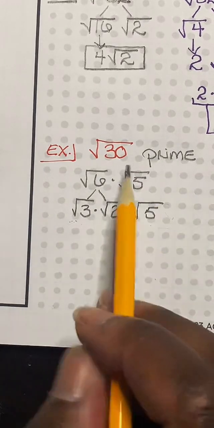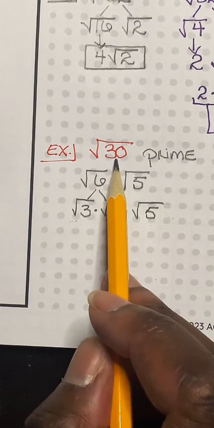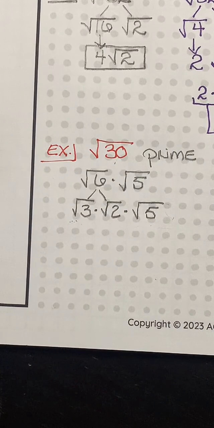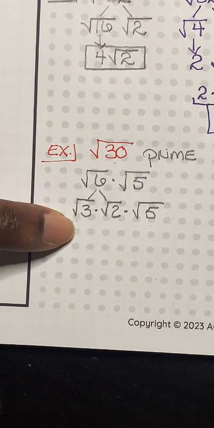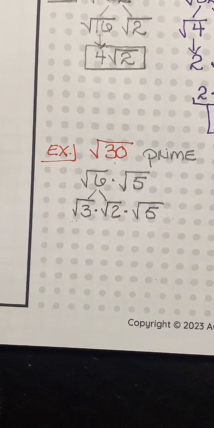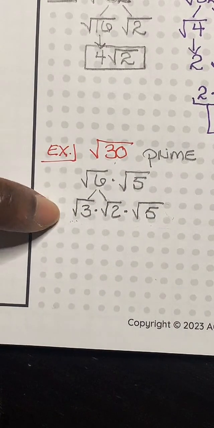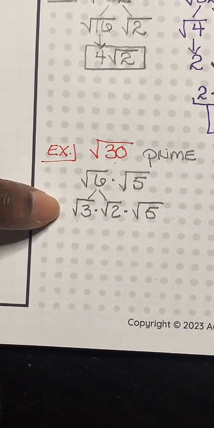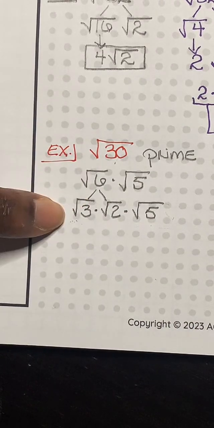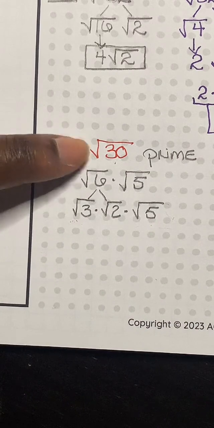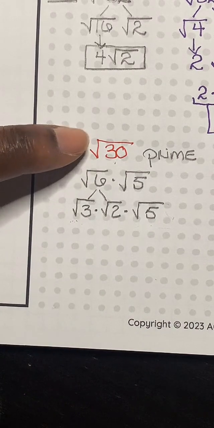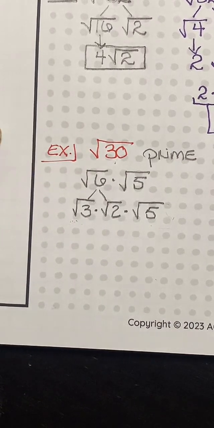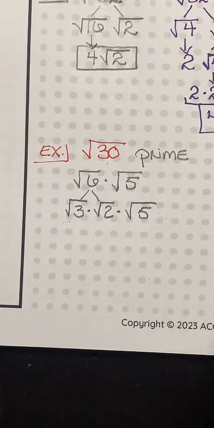Okay. Square root of 30 is one of those special square roots that we can actually break some things down. But we don't get a perfect square root out of it. So since we don't get anything out of it, it's going to be one of those special prime square roots. Now, what I mean by that is, well, I already mentioned one.